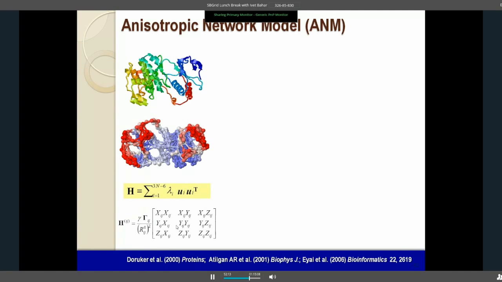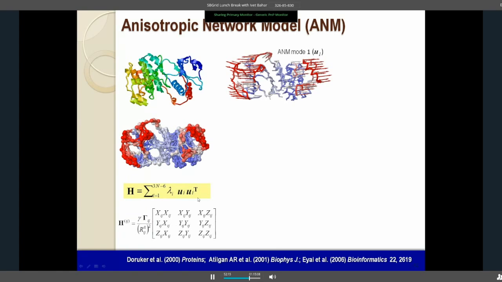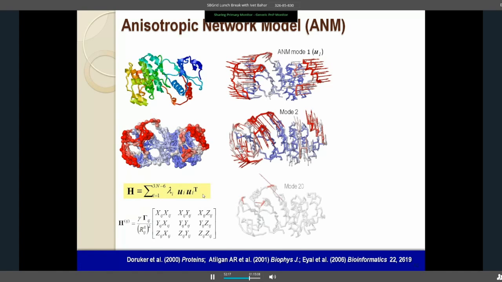And it is possible to generate a series of modes of motions, which I'm showing here. For example, mode 1, as indicated by the arrows, is like an overall stretching, opening of the cleft between the two domains. Mode 2 is some kind of a torsional motion. Mode 20, a much higher mode, shows some localized motions.